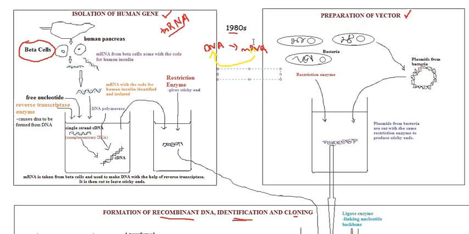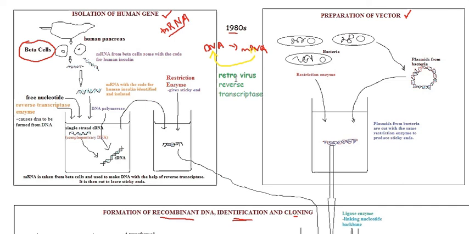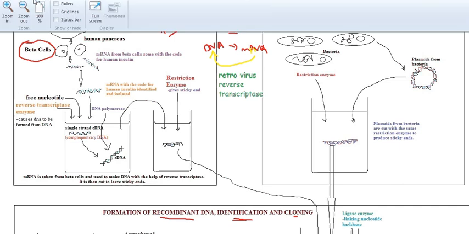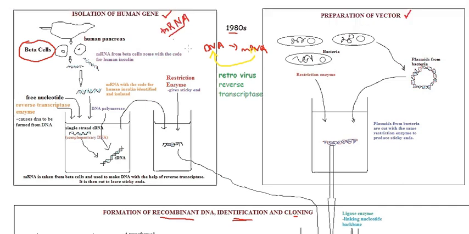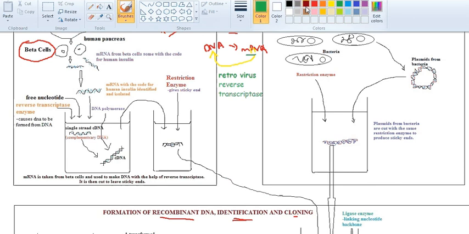It's called a retrovirus. It has this enzyme, reverse transcriptase. So this retrovirus has the enzyme reverse transcriptase, and this is used here. So what do we get? We get a DNA from mRNA. Is that fine? Hopefully.